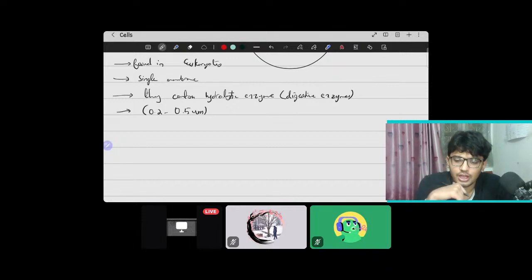They can also be products of the Golgi body, which are conjugated molecules, or highly processed or organized enzymes processed by the Golgi apparatus. So all the vesicles are not lysosomes, but all the lysosomes are vesicles.